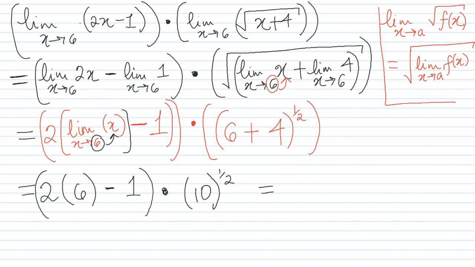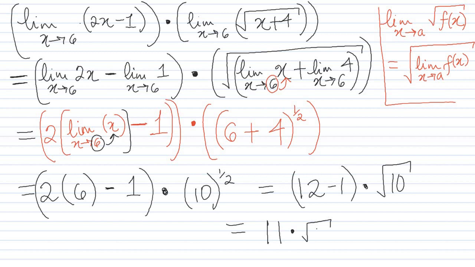So 2 times 6 is 12. 12 minus 1, multiplied by the square root of 10, because we're turning it back into a square root. 12 minus 1 is 11. So 11 multiplied by the square root of 10 makes our answer 11 square root 10. So this is the answer.